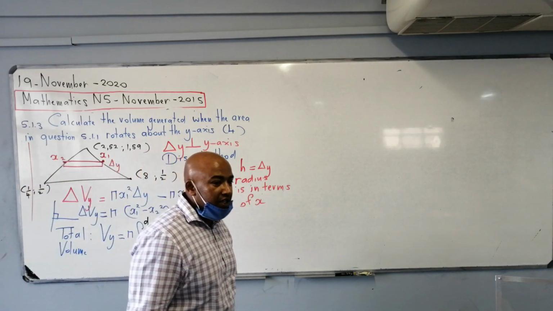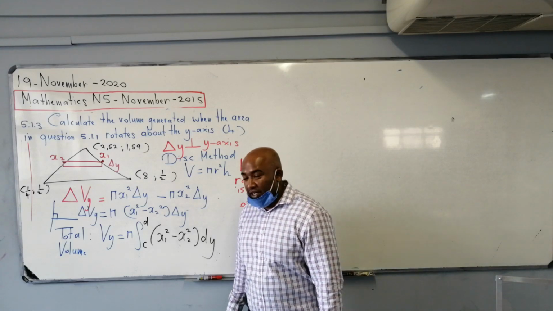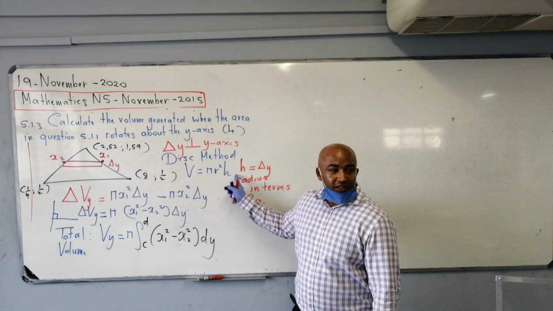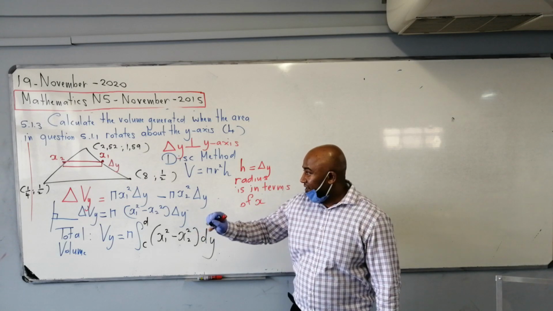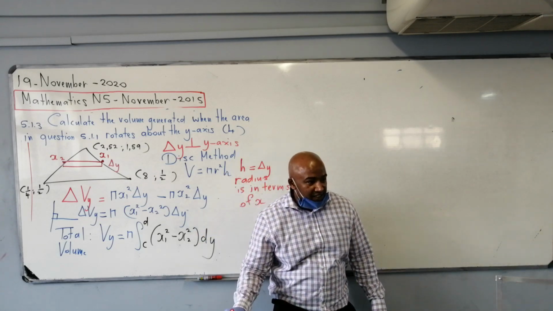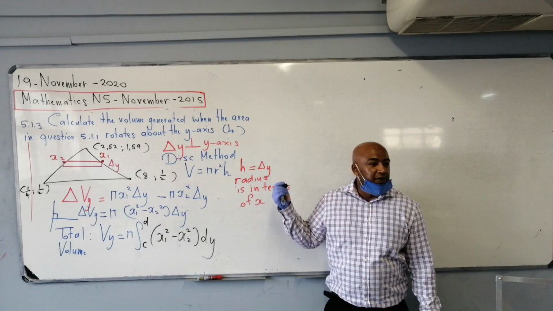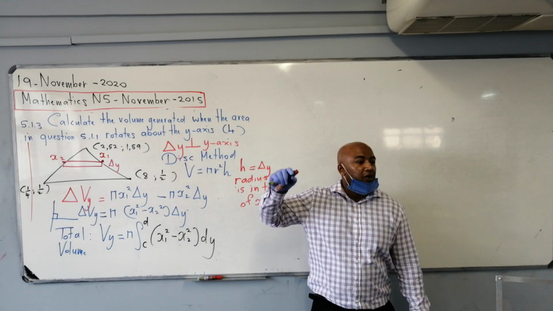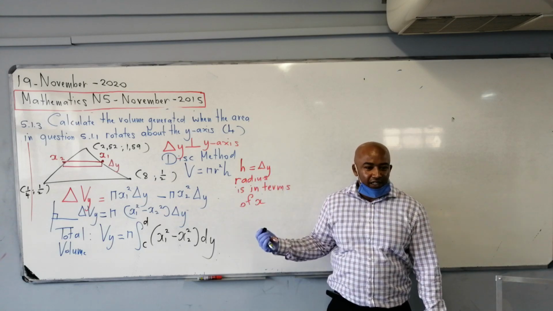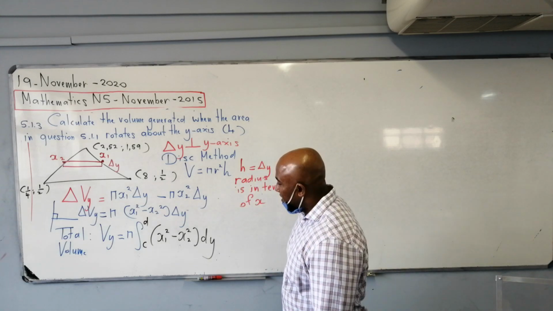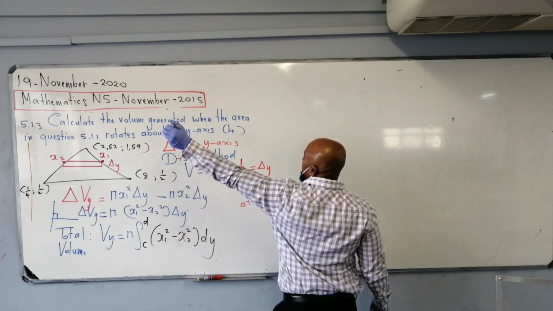You can always go to your formula sheet, but there's only one formula here in N5. It's going to be pi r squared h. You must know what's your r and what's your h up here. Okay, so if we're using delta x, then h is going to be delta x, and it's going to be pi y squared delta x. Here it's pi x squared delta y. Right, so now let's do the substitution.